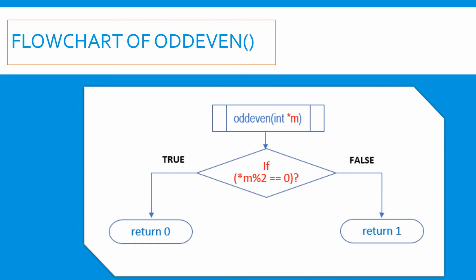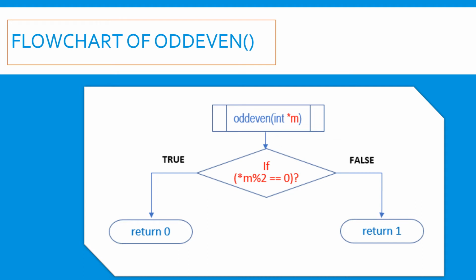Now when we say star m mod 2, we'll get the remainder of the contents that is stored in variable n. So if that remainder on applying modulus 2 operation is equal to 0, it means that the number is even. And if we end up with a non-zero remainder, it means that the given number is odd.